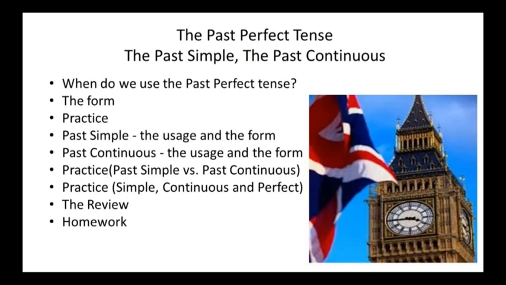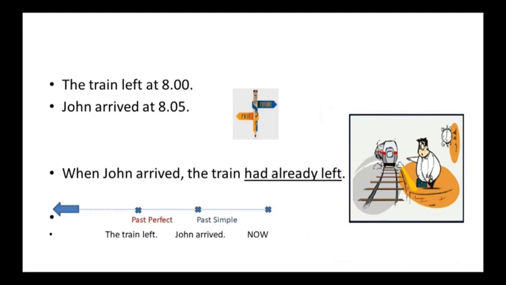Let's start. Look at these sentences. The train left at 8 o'clock. John arrived at 8:05. We have 2 past situations, both completed actions, but it is obvious that the train left earlier, before John arrived.